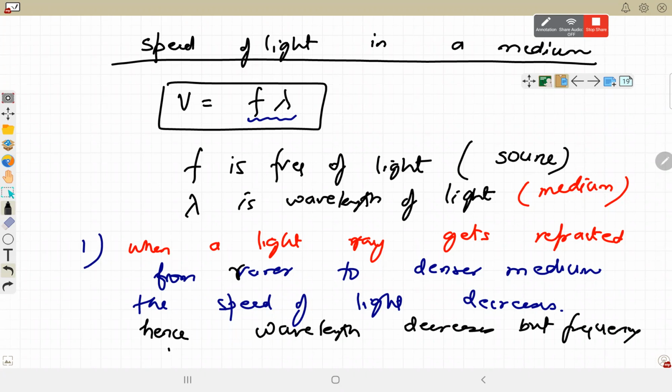The reason is that the source is still the same. Even though light has gone from one medium to another, the source of light has not changed.